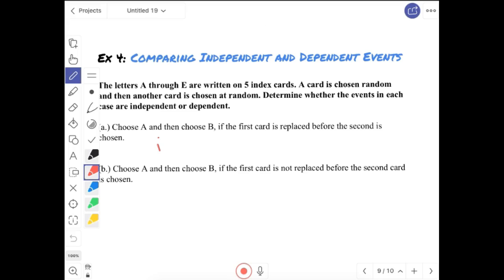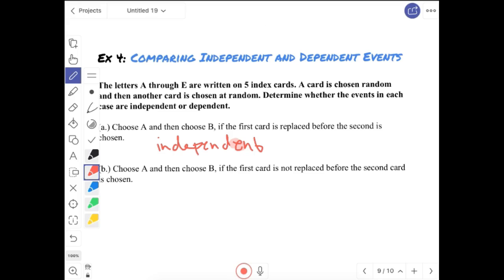So this would be an independent event, because if we put a card back, we have the same number of cards to choose from both times. So that doesn't affect the next thing that's happening. However, in the second one, we choose A and then choose B if the card is not replaced before the second card is chosen.